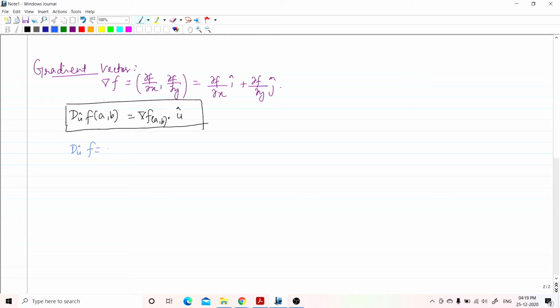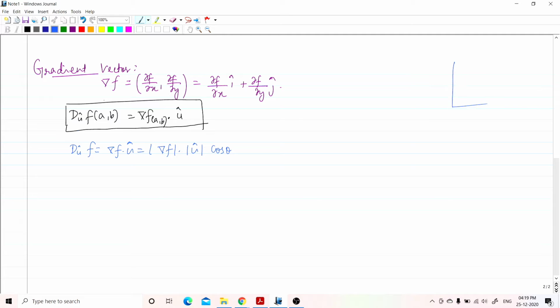So D_u f, we know that this may be written like this, and using the properties of vector algebra and vector calculus, we may write this with cos theta. So what is this cos theta?